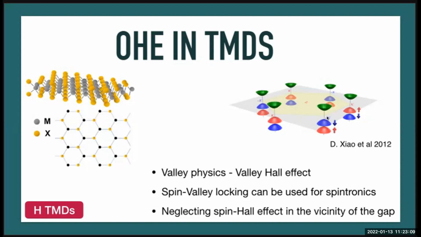And together with the idea of addressing a given valley with light, this can be used for spintronics. But at the same time, we know that TMDs have a negligible spin Hall effect in the vicinity of the band gap. So they don't have spin Hall effect close to the band gap. So these are the main characteristics.